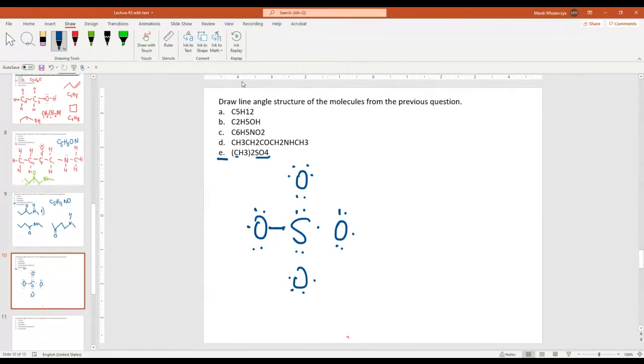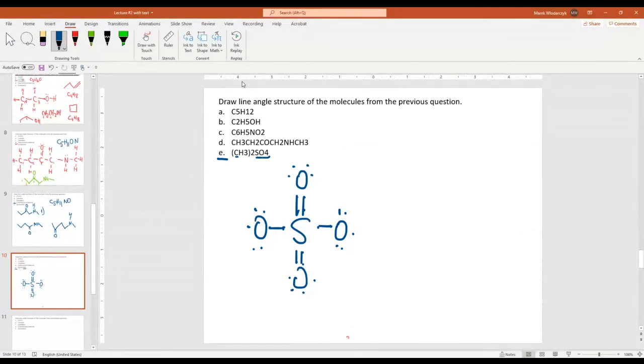What you need to do now is connect the atoms first with the sigma bond, and then, if possible, with a double bond. It doesn't matter if you connect the oxygens that are top and bottom, or sideways.